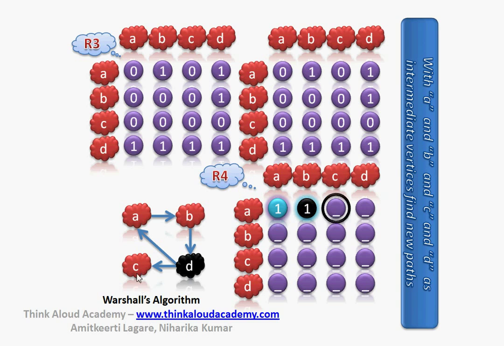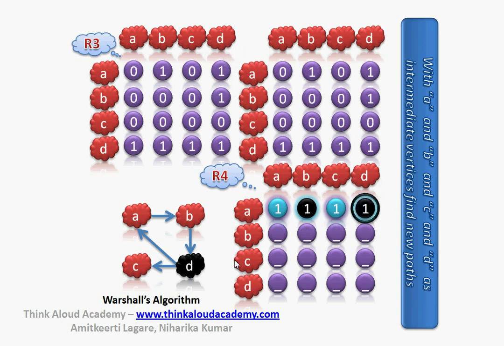So R3 represents a matrix with paths from A, B and C as intermediate vertices. If I use this as my input and use a copy of it to find R4, then R4 will contain all new paths with A, B, C and D as intermediate vertices.